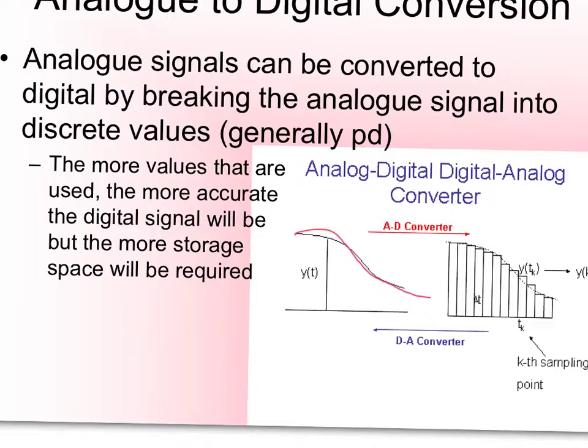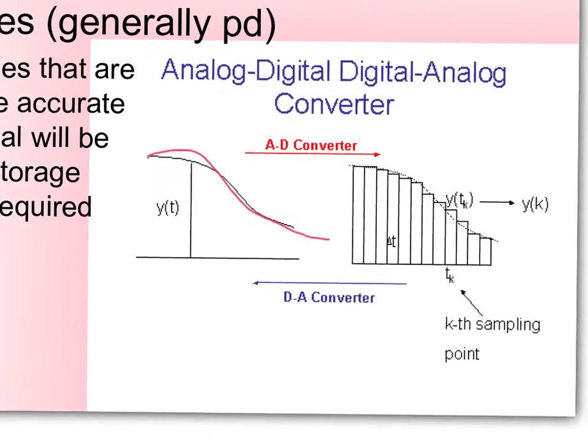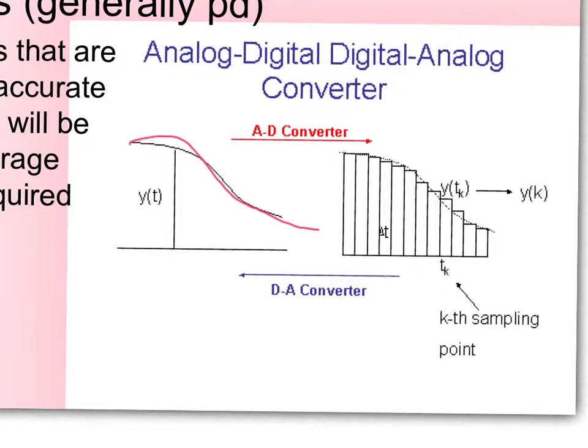If we were looking at, for instance, this piece of data, whatever it happened to be, a piece of music or noise, and we only had, say, 3 values, one value here, one value here, and one value here, this whole signal, which you can see has a pretty significant number of different levels, would be broken up into only 3 different discrete values when it was converted to digital.